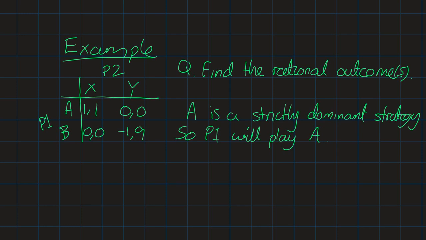If we look at X and Y, we see 1 is strictly bigger than 0, but 0 is strictly less than 9. So this isn't consistent. This means that player 2 doesn't have a strictly dominant strategy.